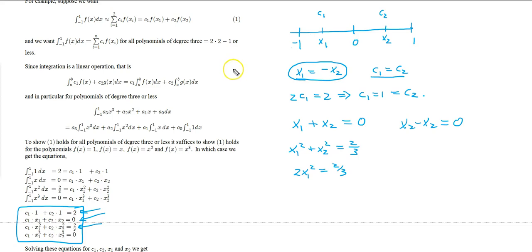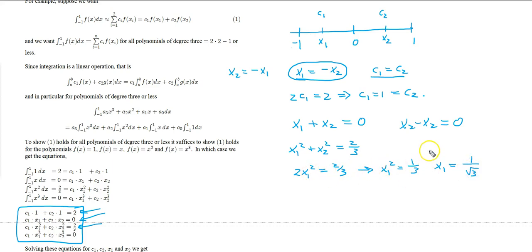Notice I substituted there x2 is negative x1. And when I square this, I just get x1 squared, because negative 1 squared is 1. We end up with x1 squared equals 1/3. So x1 equals 1 over root 3.